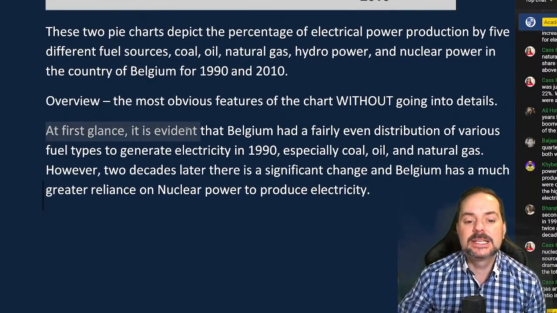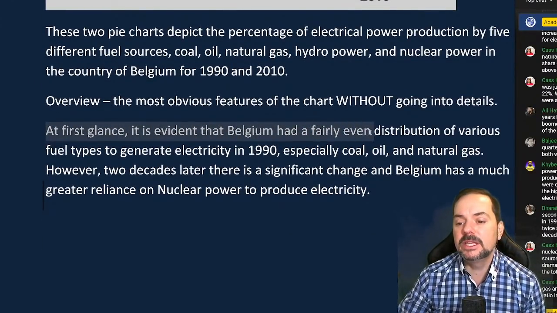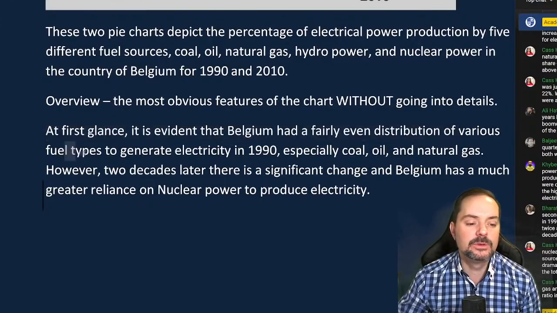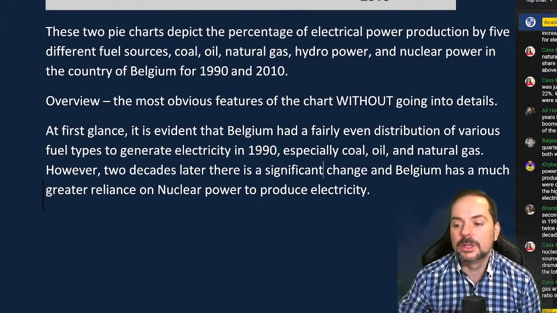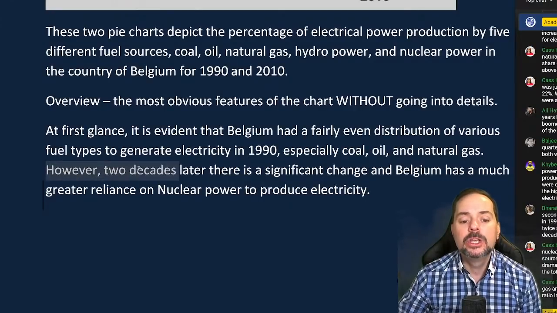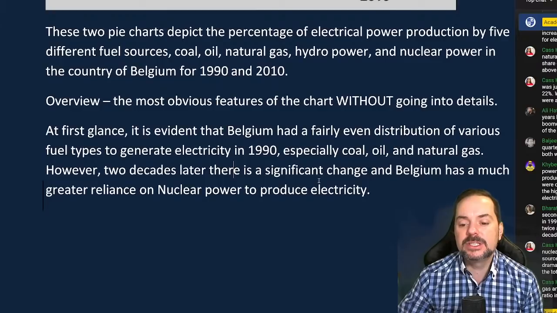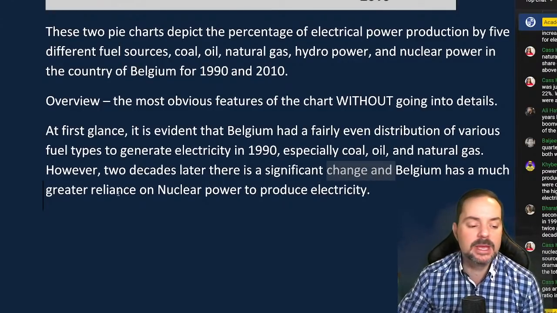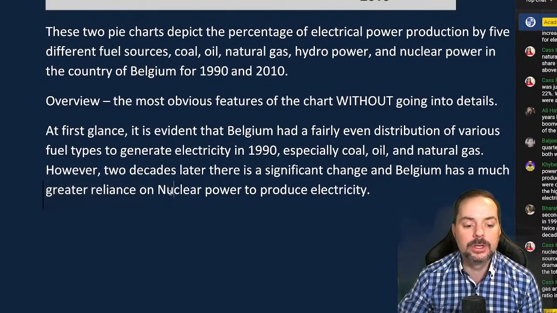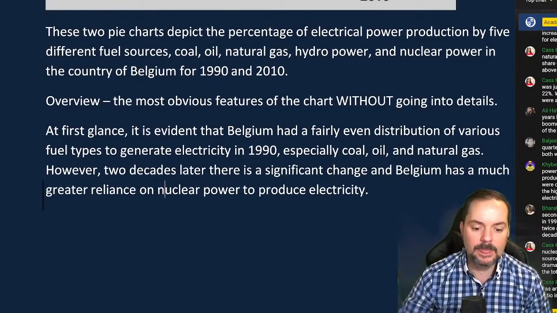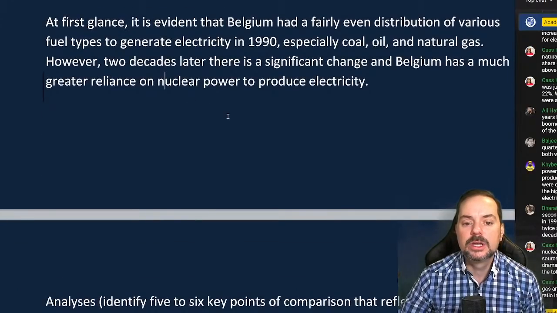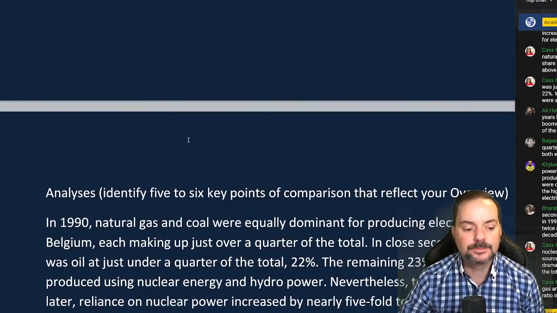At first glance, it is evident that Belgium had a fairly even distribution of various fuel types to generate electricity in 1990, especially coal, oil, and natural gas. However, 2 decades later, there is a significant change, and Belgium has a much greater reliance on nuclear power to produce electricity.